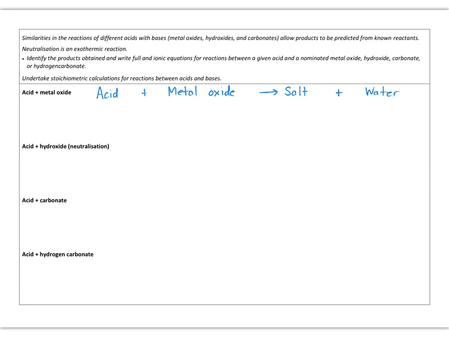Well, we could pick any acid. So let's pick here nitric acid, and we could react that with potassium oxide. That will form potassium nitrate. So a bit like when we did the precipitation reactions, the parts here will combine and we will get water.